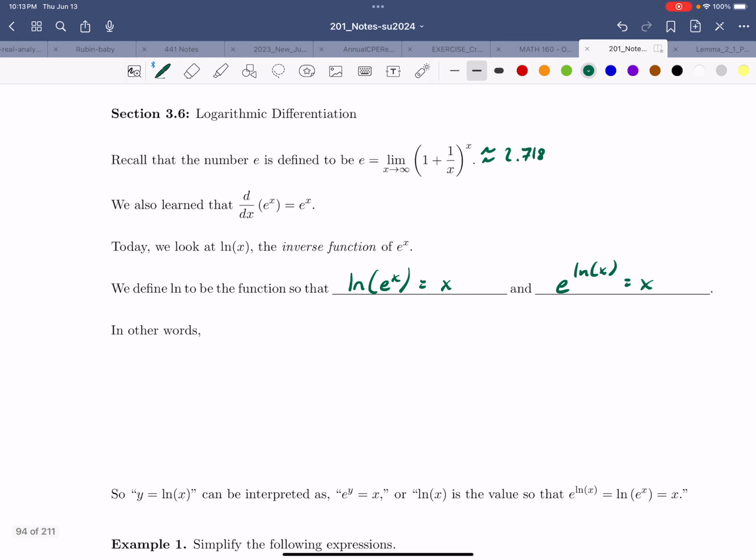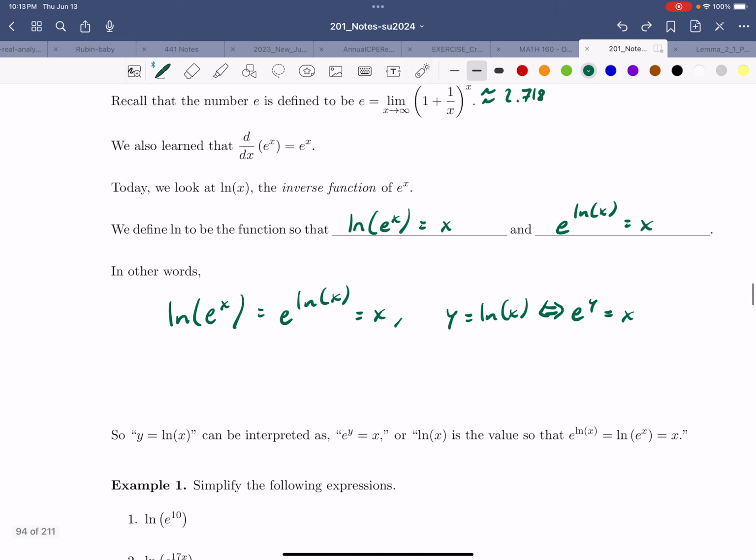So in other words, we could say ln of e to the x equals e to the ln of x, which equals x. And you could also say that y equals ln of x is equivalent to saying e to the y equals x, because you just apply e to both sides, and then you get that.